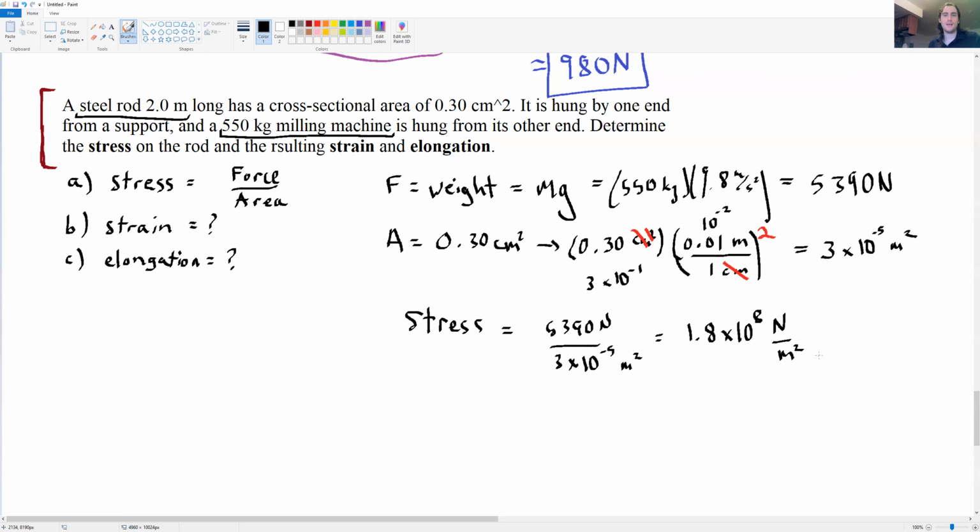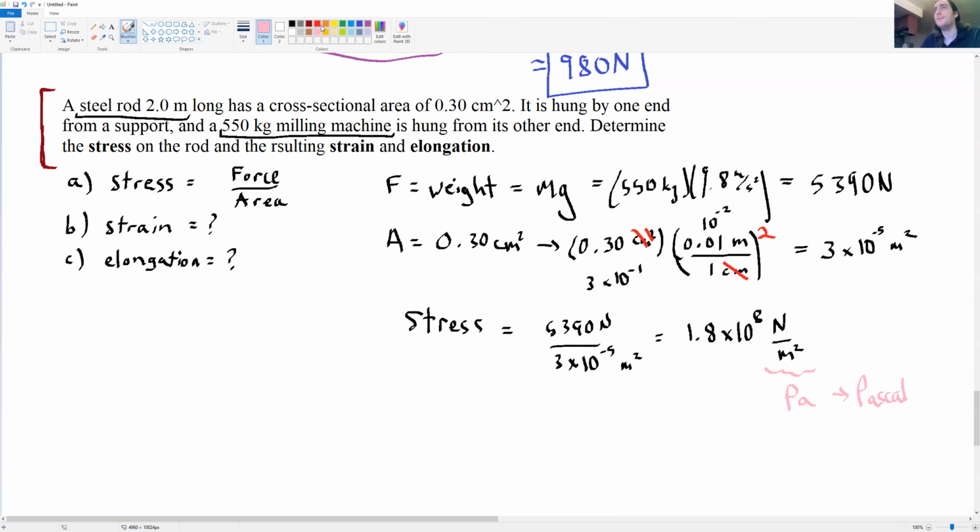There is a name for units of newtons per meter squared, and that is Pascal. So sometimes you'll see Newton per meter squared written as capital P, lowercase a, for Pascal, which is a unit of pressure that we'll see a lot more in the next chapter. So that's our answer for the stress.